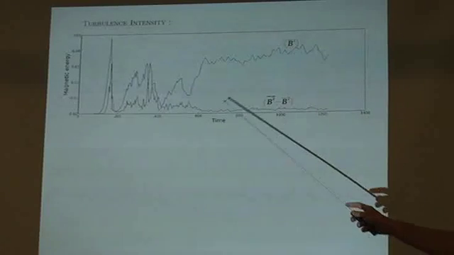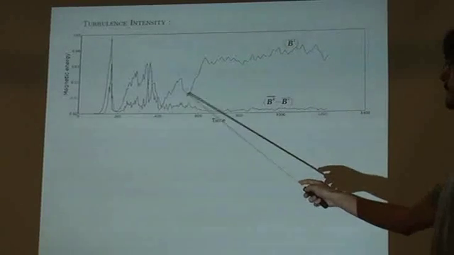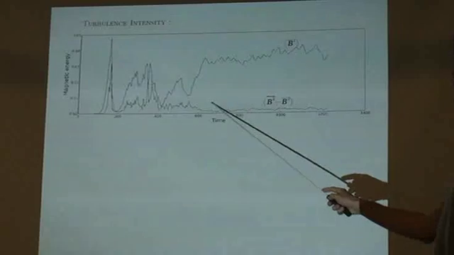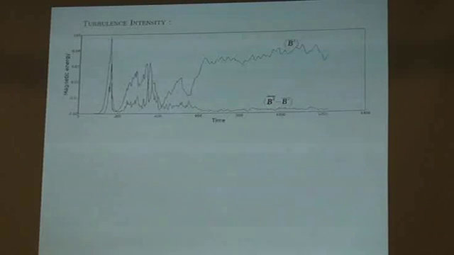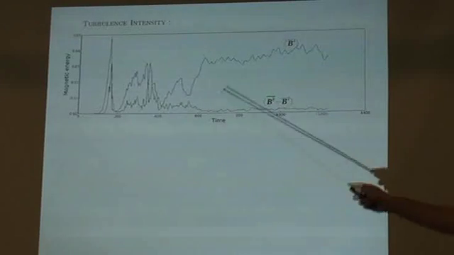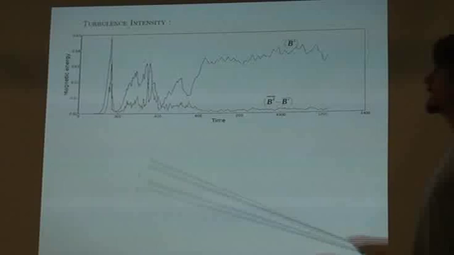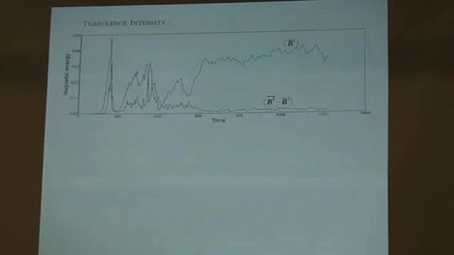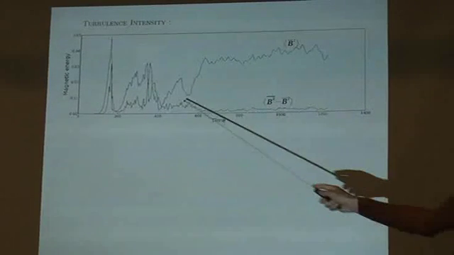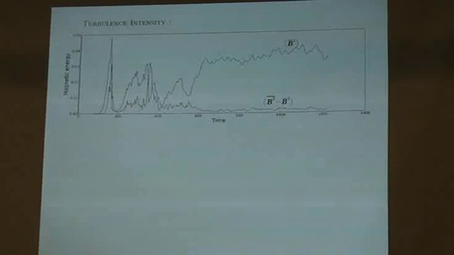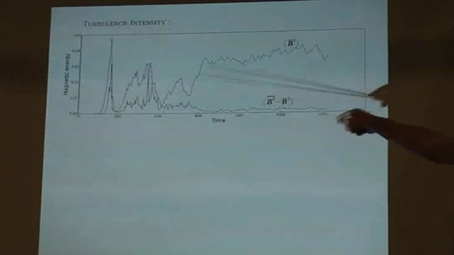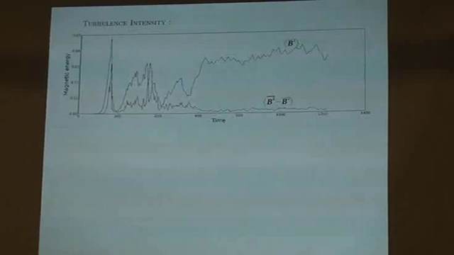And what we see is that after the transition, the fluctuating field becomes much weaker than in the first stage. So the turbulence in some sense decreases between the two phases. This transition is quite puzzling. I haven't yet found the mechanism that switches from one to another.